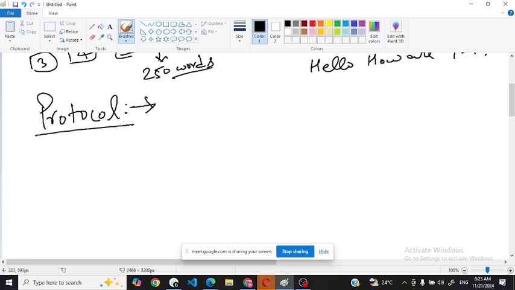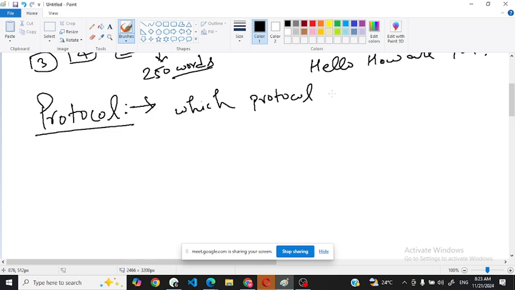The protocol field will let you know which protocol you are using. Maybe that includes the TCP UDP protocol?